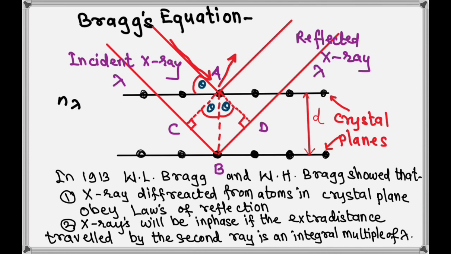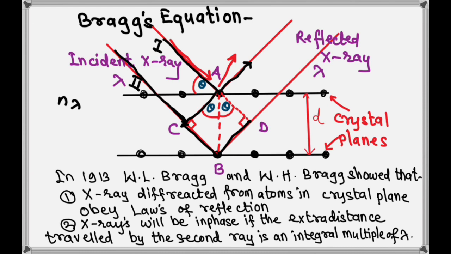Extra distance traveled means, this is the first ray, this one is the second ray. Now the first ray is coming up to this point and reflecting, then the second ray is coming up to the same point or equivalent point at this, then the second ray is traveling extra distance from CB to BD.